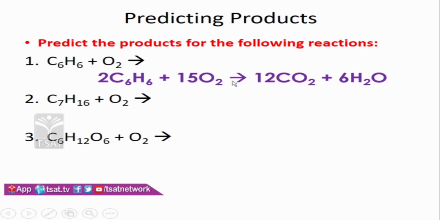Some complicated reactions will take a little more time to balance. The shortcut way is to maintain even or odd numbers on both sides. In reactants and in products, we have to maintain the same, then it will be easy.